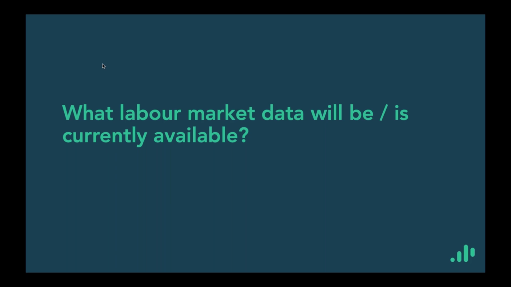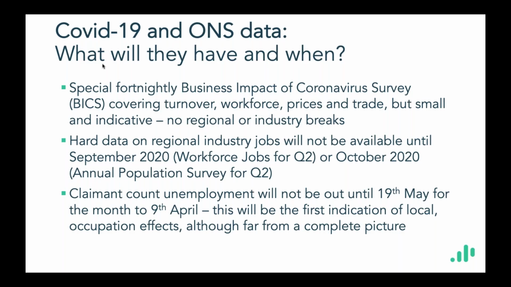So what's currently available? I thought it'd be useful to start with looking at what can be found through ONS data. Obviously, as you'd imagine, a lot of this is very time sensitive. So the special fortnightly business impact and coronavirus survey, that looks at turnover, workforce prices and trade. The really useful but very high level, so it's small and indicative, so there's no regional or industry breakdowns.